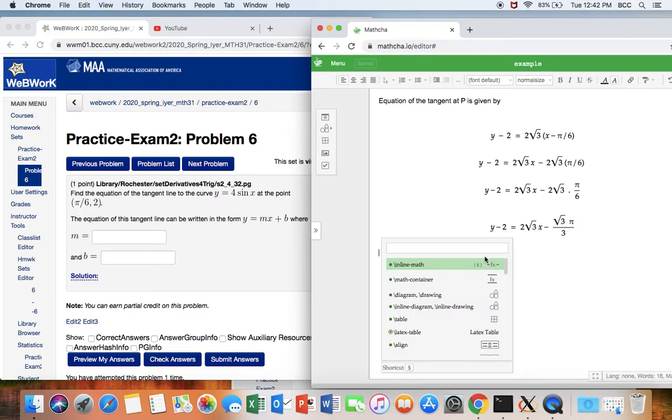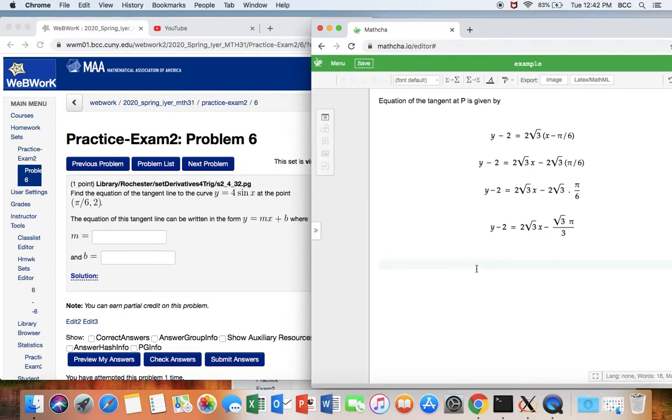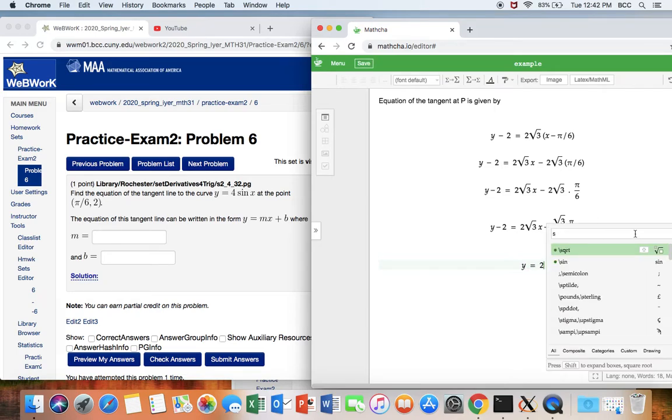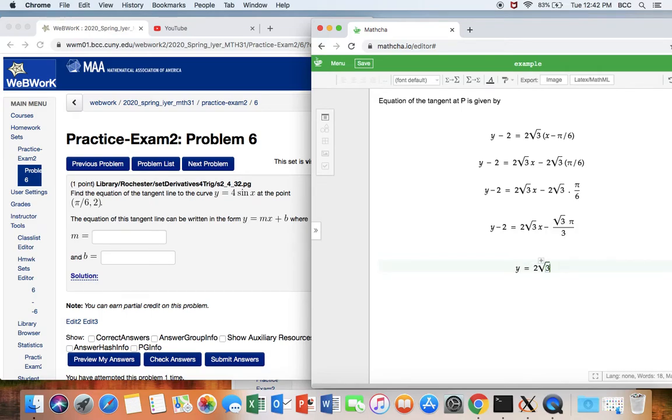So let's make the last step here. Get the negative 2 to the other side. Y equals 2 square root 3 times x minus, all of this, I'll cut and paste, and then this negative 2 comes to this side, becomes positive 2.